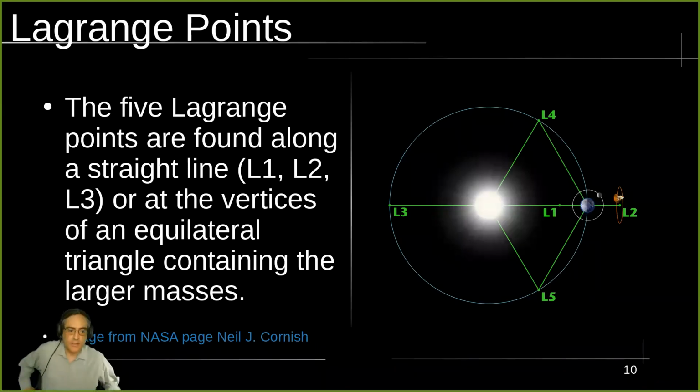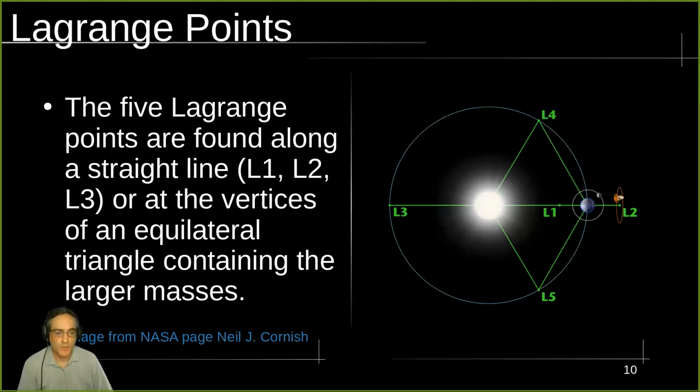So here's a diagram taken from a NASA page showing the 5 Lagrange points. The L1 point would be in between the most massive body towards the center of the system and the second massive body. It is essentially the place where the forces between those two bodies would cancel out. The L2 point lies beyond the second massive object.